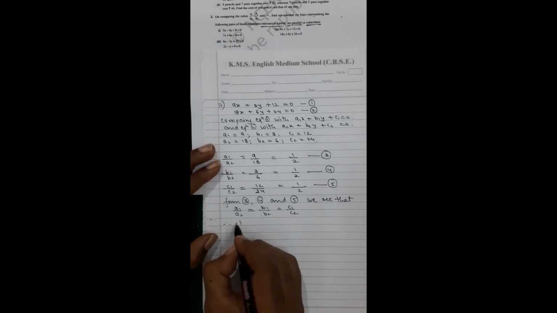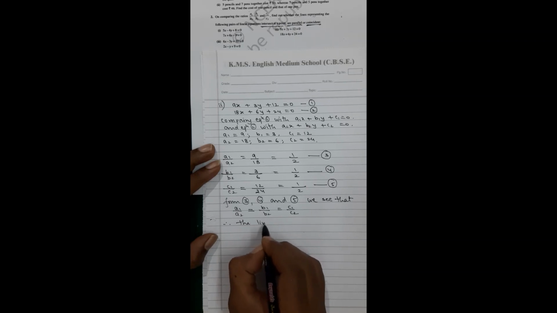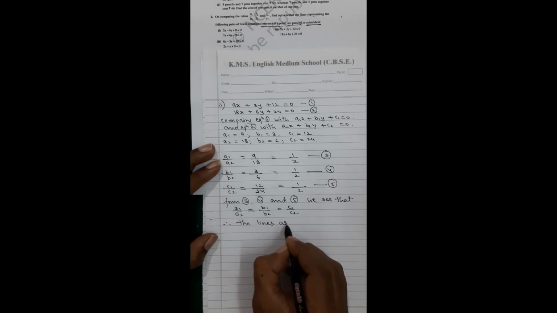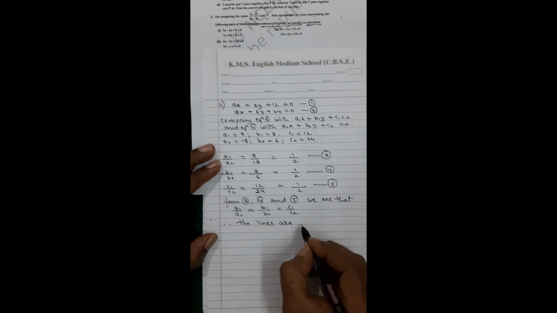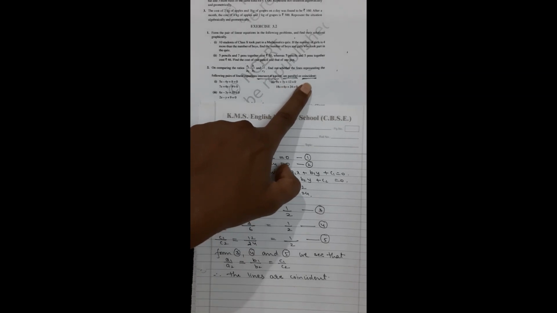They are all equal. Therefore, the lines are coincident. Okay, they are coincident lines. Fine. Hope you all are getting this.